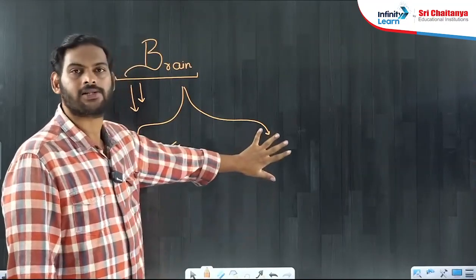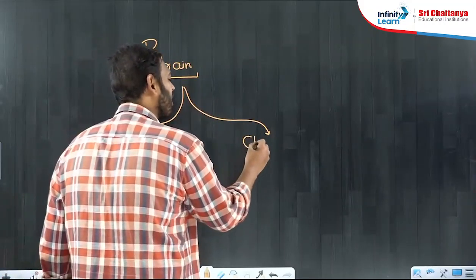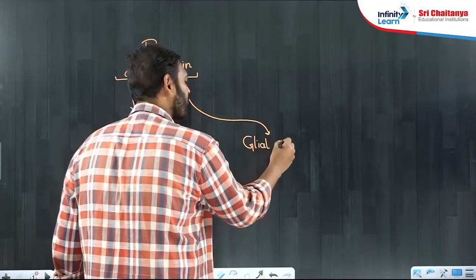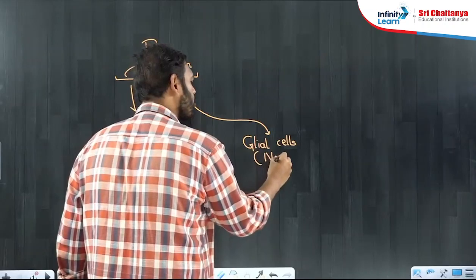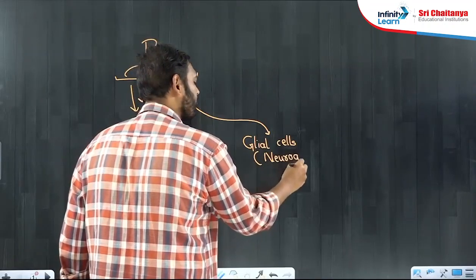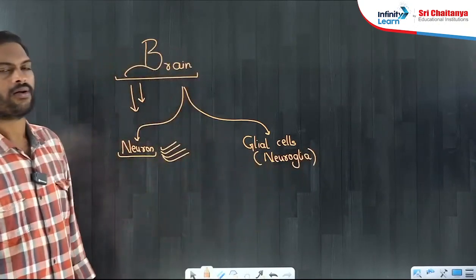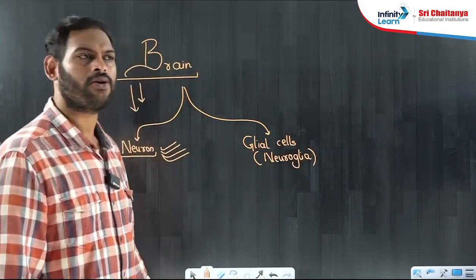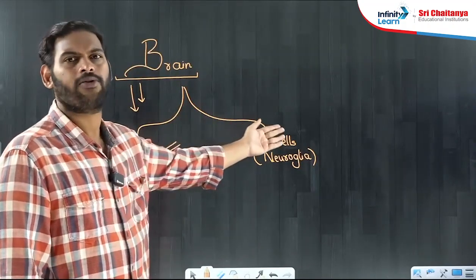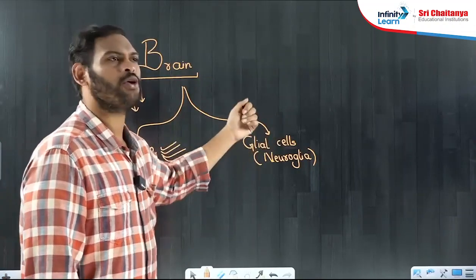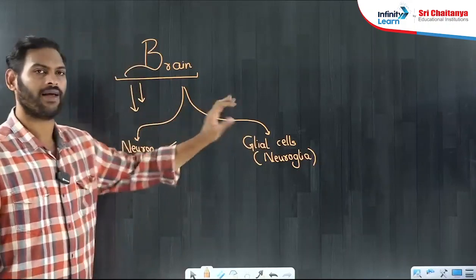Those additional cells which help neurons are called glial cells, glia. Some books also mention them as neuroglia. So brain consists of 30 to 40% neurons and at least 70 to 80% neuroglial cells. So, neuron and glia.